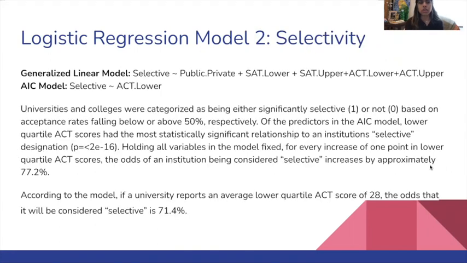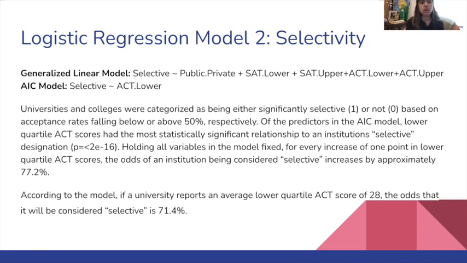The next regression model that we built was based on selectivity. So the original generalized linear model shows selectivity as a response to institution type, lower and upper quartile SAT scores, and lower and upper quartile ACT scores. And the AIC model found that the best predictor of selectivity was the lower quartile ACT score.